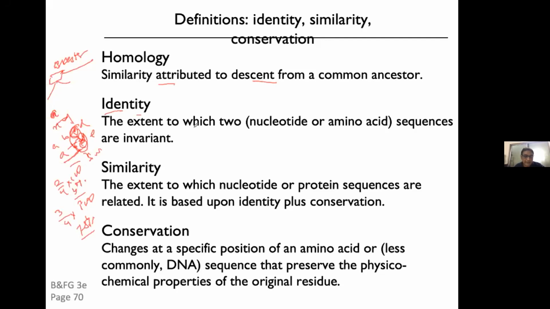So identity is the percentage of identical residues in the two sequences, and similarity includes the identical residues as well as the similar ones. And also conservation: as we said, A, B, C and A, B, C prime. That change is a conservation, because although a change has been made, it is conserved, since the change is made with a similar amino acid.